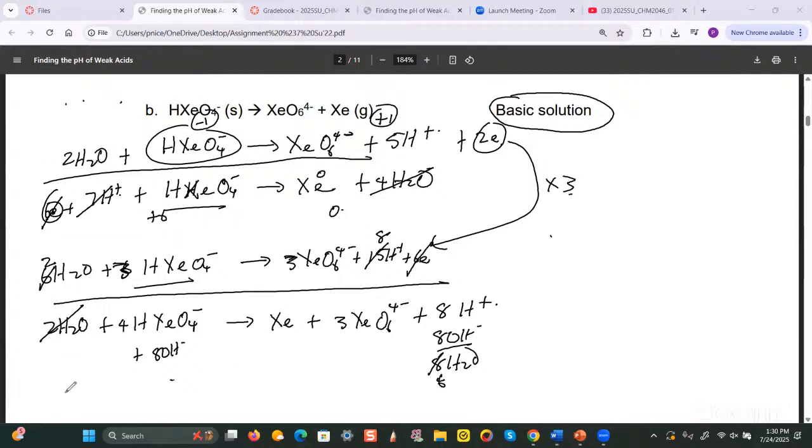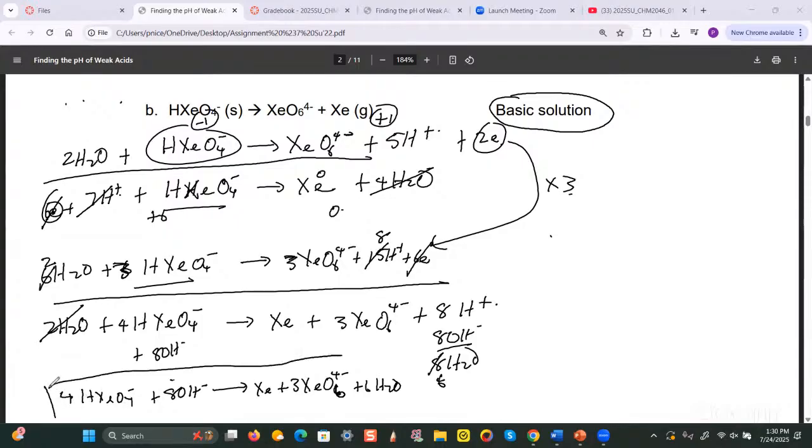So the final answer would be 4 HXeO4 minus plus 8 OH minus on the left side. And then on the right side, you're gonna have Xe plus 3 XeO6 4 minus plus 6 H2O. And that's it. And that should be your final answer.